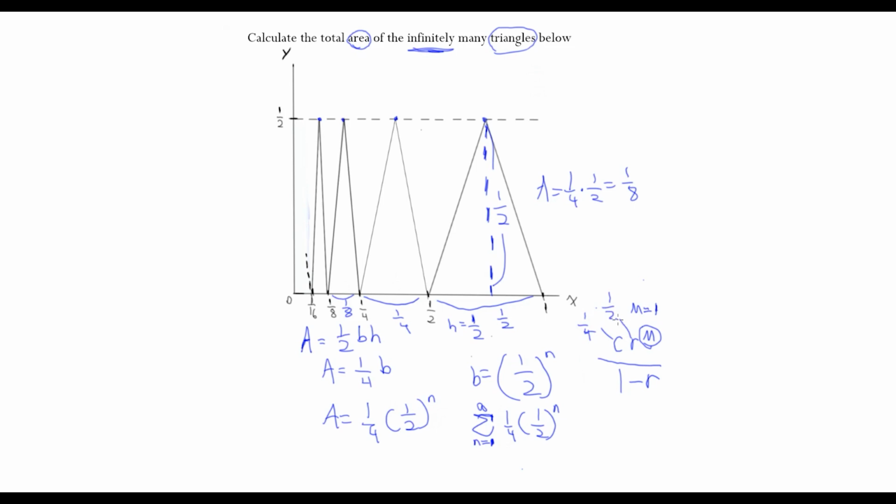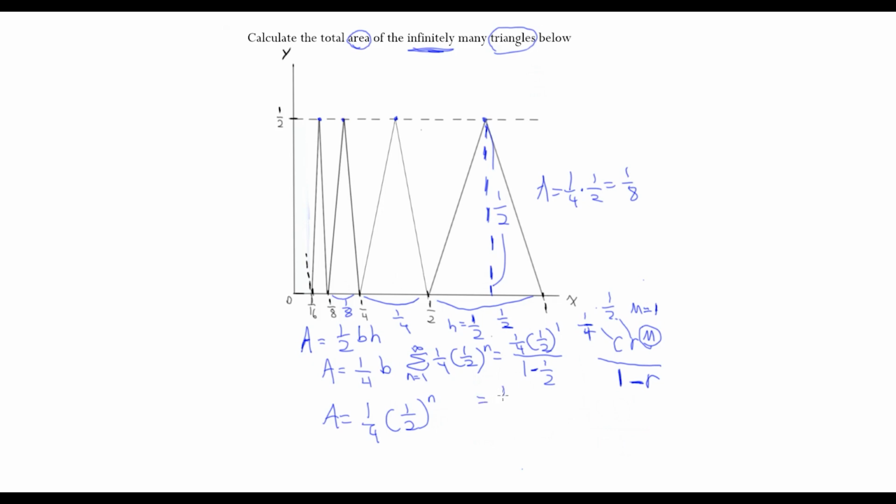So now we substitute all these numbers into this formula for our geometric series, and it will give us that this series is equal to 1/4 multiplied by 1/2 to the 1, all over 1 minus 1/2. Simplifying this out, 1/2 to the 1 is just 1/2.